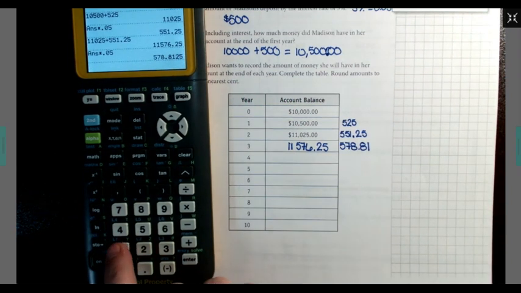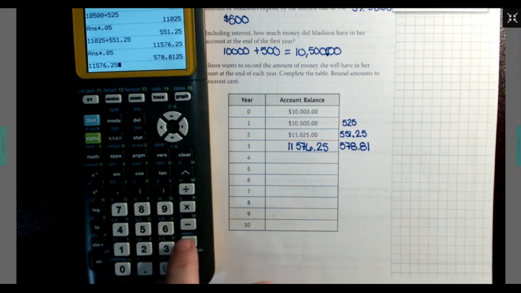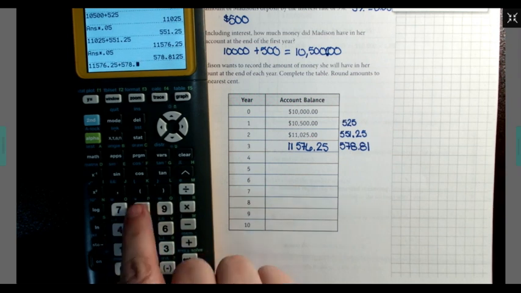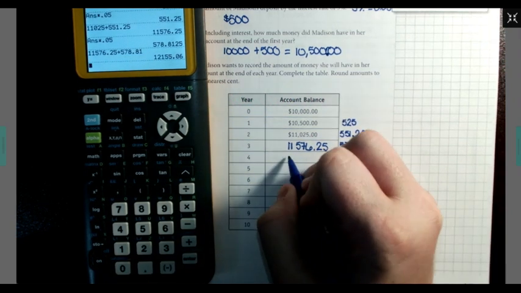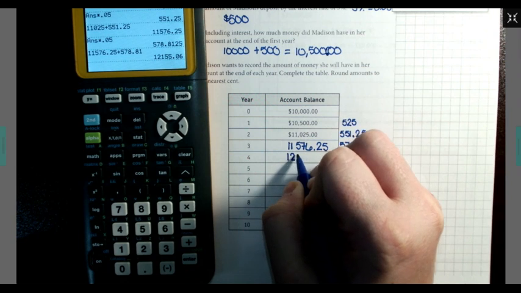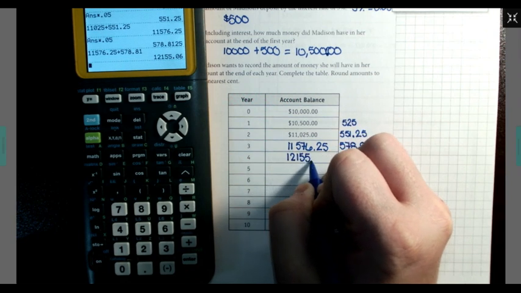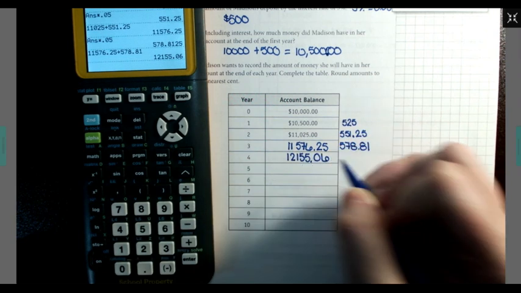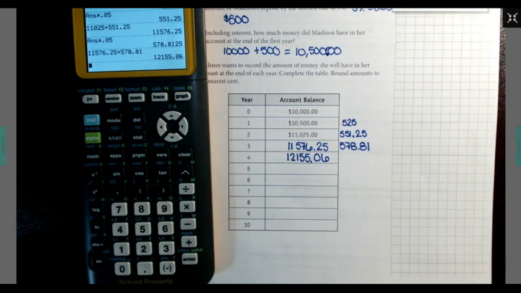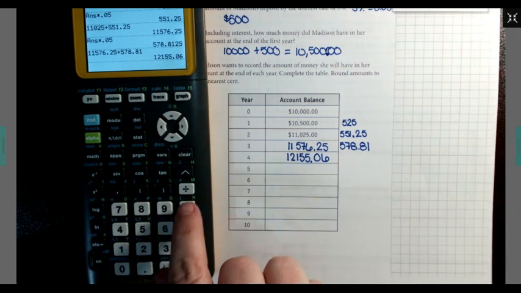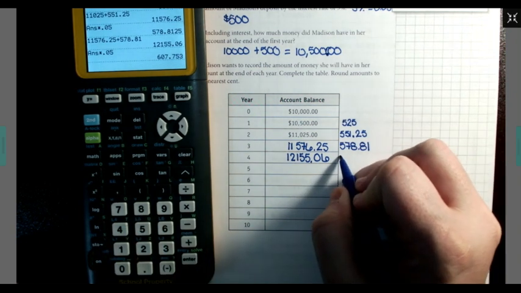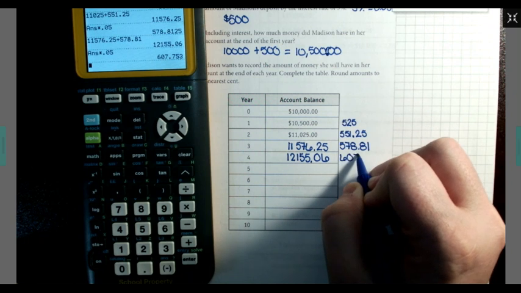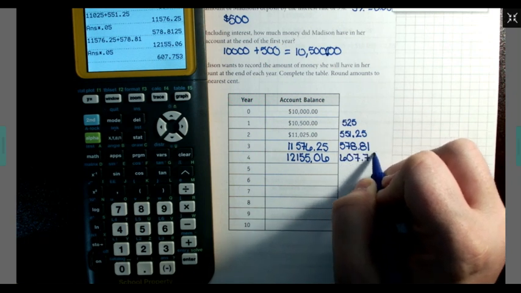So I take my $11,576.25 and add the $578.81 in interest. And at the end of year 4, I have $12,155.06. Now, in order to find out how much interest I earn for the year, I multiply that by 0.05. And for that 1 year, I earned $607.75.